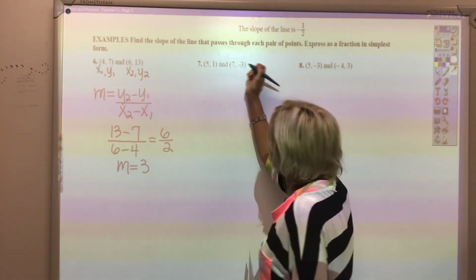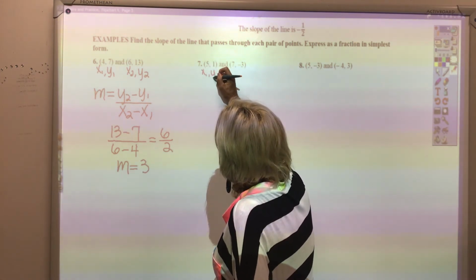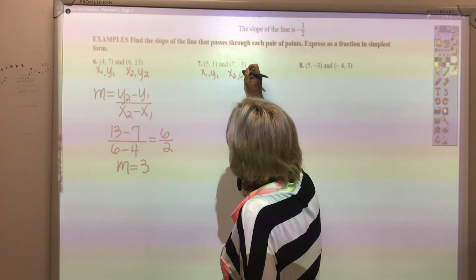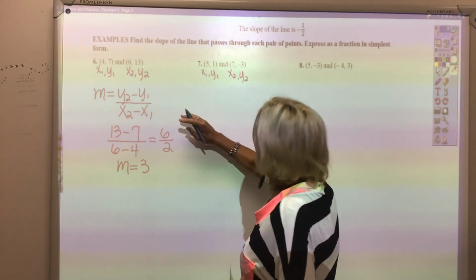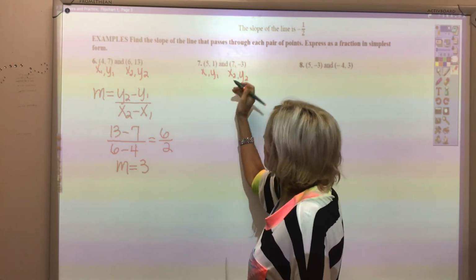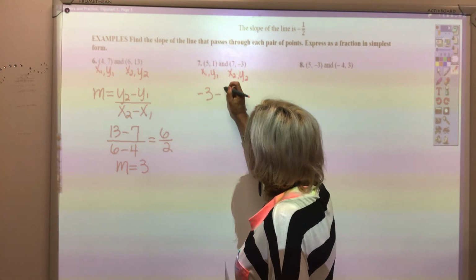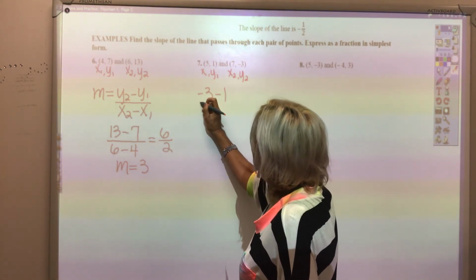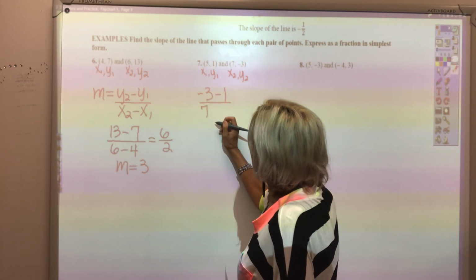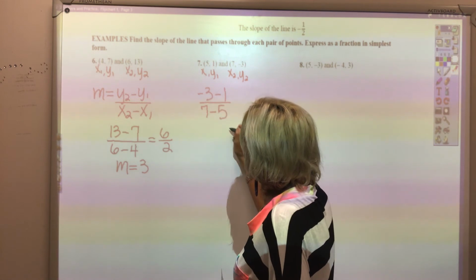Okay, on number 7, label underneath the points x1, y1, x2, y2. We still can refer to our formula here for slope, so we take y2, which is negative 3, minus y1, which is 1, put that over x2, which is 7, minus x1, which is 5.